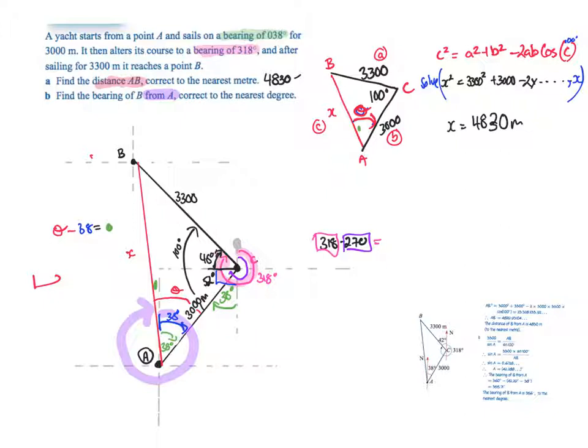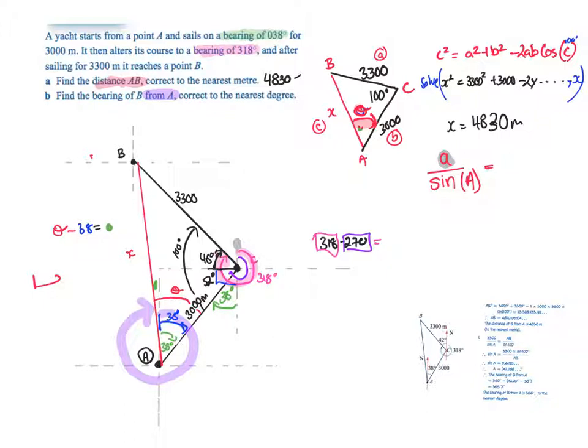So let's have a look at if we can find this angle here, up in our original triangle. I'm going to use the sine rule because I've got two sides and two angles I can use. I want angle A, so I'm going to say side A over sine A, because that's what I want, equals another one that I've got.